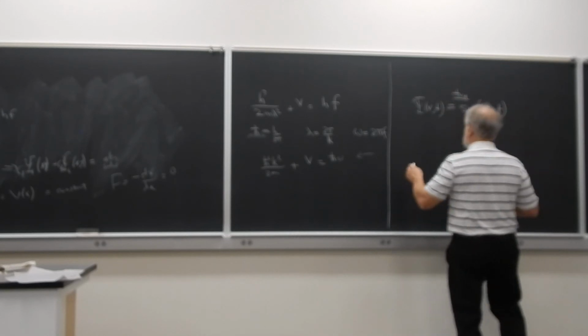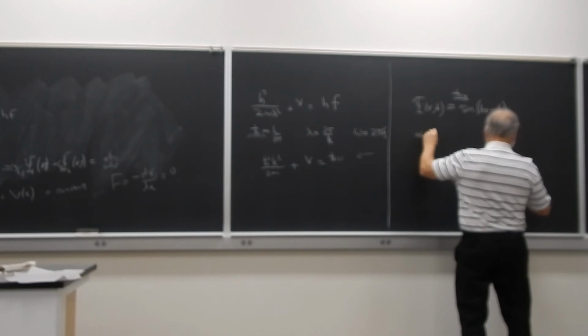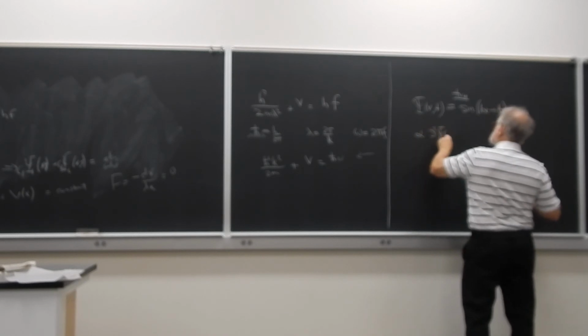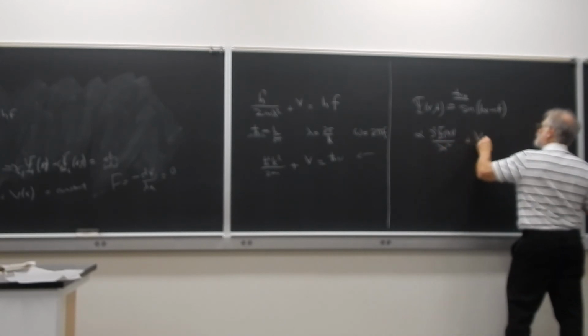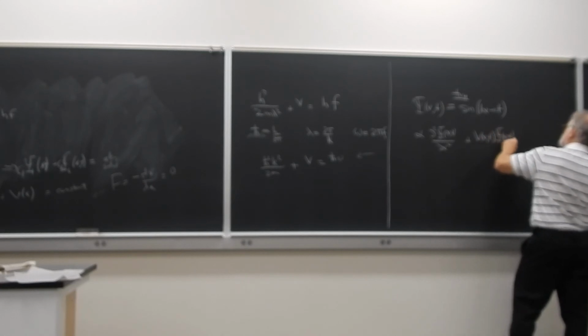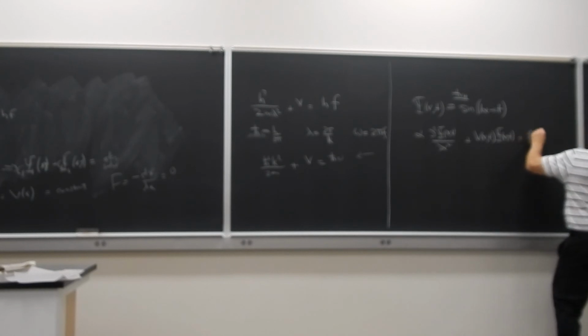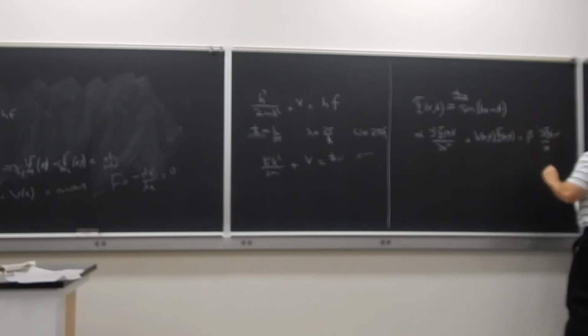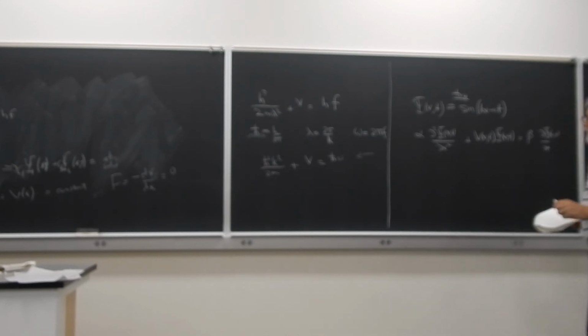Let's put in a trial differential equation: alpha d squared psi of x and t over dx squared, plus V of x and t times psi of x and t, is equal to beta times d psi of x and t over dt, where I need to determine alpha and beta. I should say it's linear in psi, which it has to be. It's first order in time and second order in space.